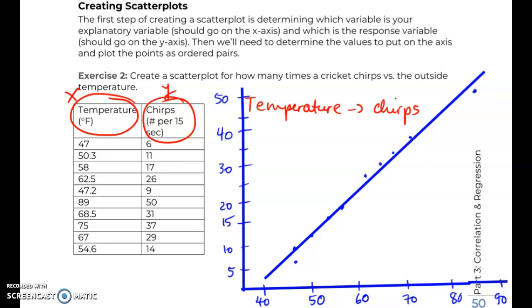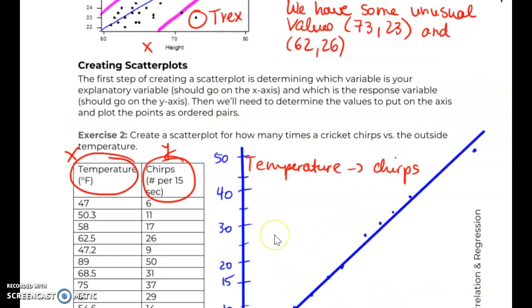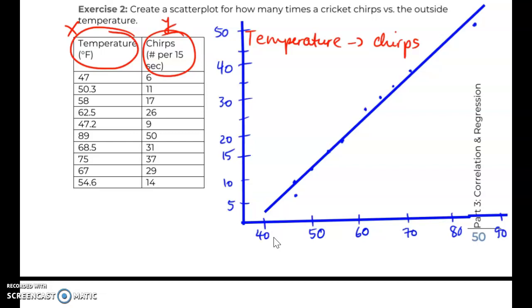You can see as the temperature increases, so does the number of chirps. So we should label this as our temperature, because a good graph always has the axes labeled, and we have the number of chirps per 15 seconds.